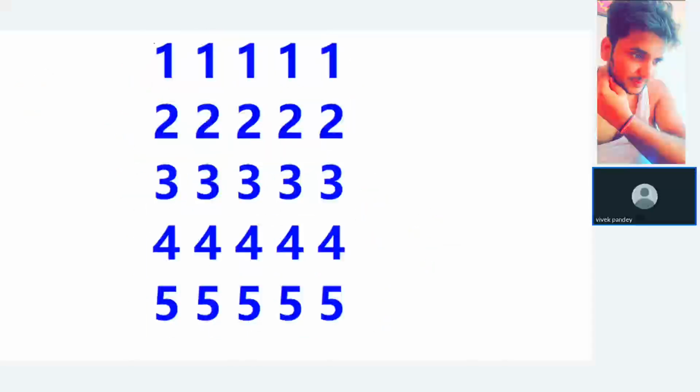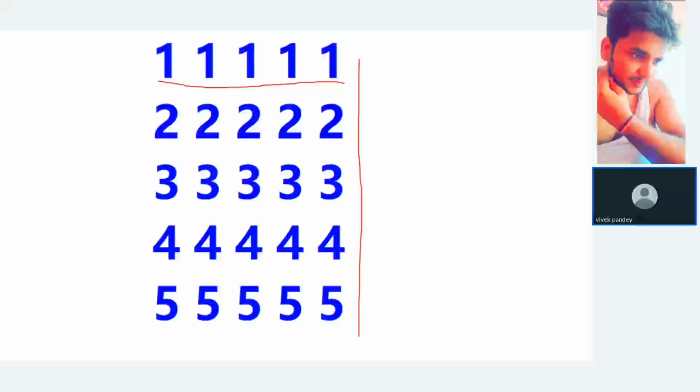Now here, there is a repetition: whenever the inner loop is running, it is printing all 1 1 1, then 2 2 2. How many times? 1 1 1 one time, 2 2 2, 3 3 3, up to 5 5 5.